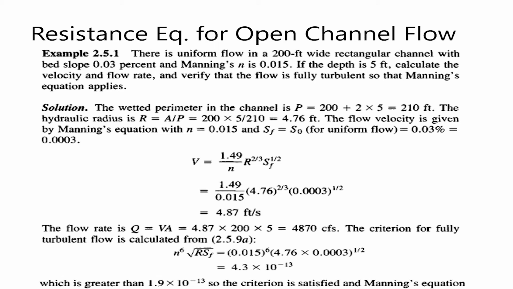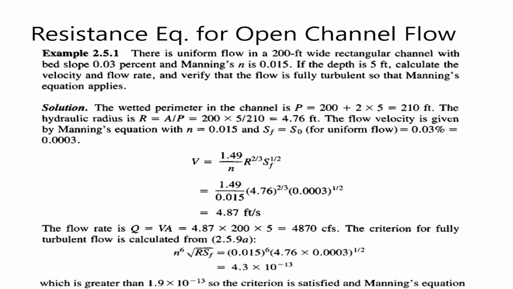Okay, but as I told earlier, this Manning's equation is applicable only for turbulent fluid flow. So he has given a criterion, that is n power 6 and square root of R S_f, that should be greater than 1.9 into 10 power minus 13. Then only we can apply this equation.